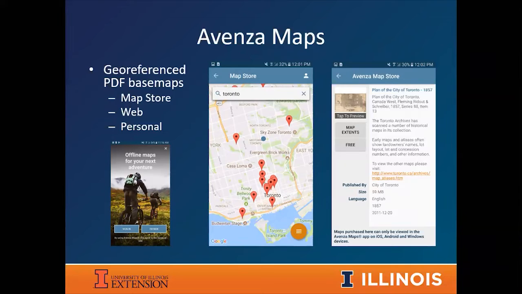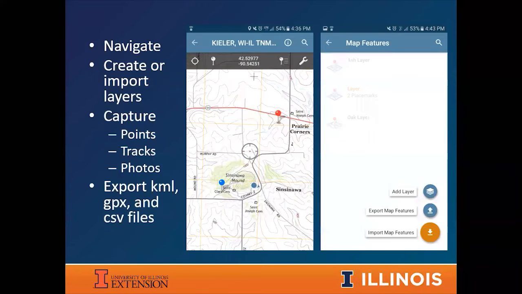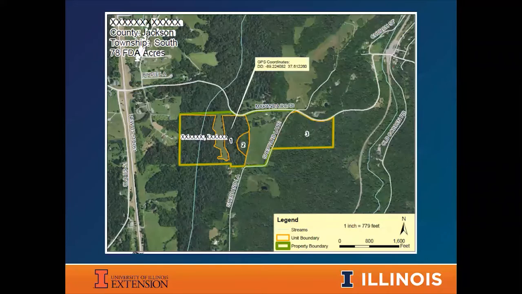You can also look up PDF maps that are georeferenced online, and then download those to your device, and then bring them up in the Avenza Maps app. Or if you have a personal map, I'll come back to this one in a second.